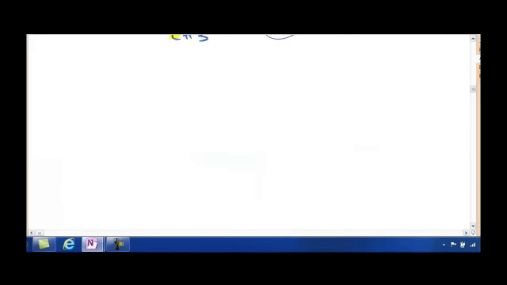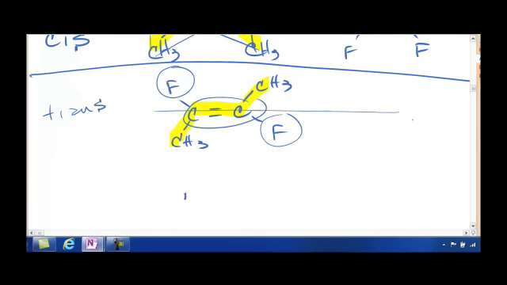Okay, so you tell me, what is the name for this fellow? And notice what I'm doing, I'm stripping the H's, because I can always put them back in, just to really look at the skeleton and find my parent chain.